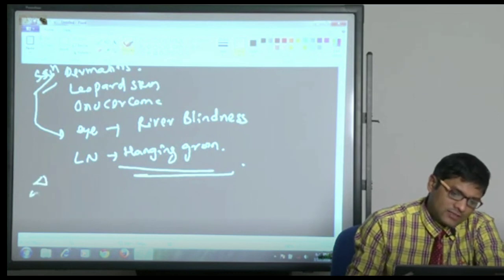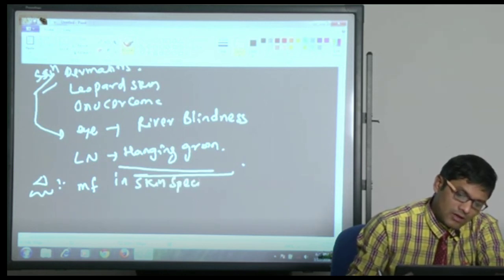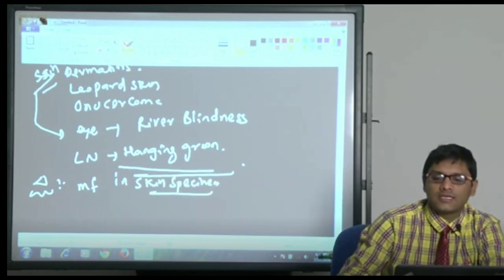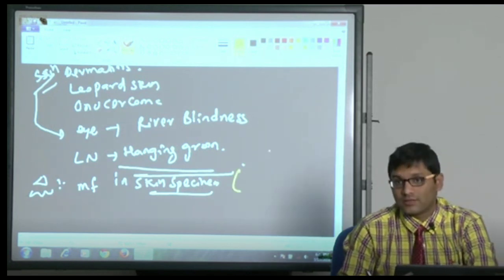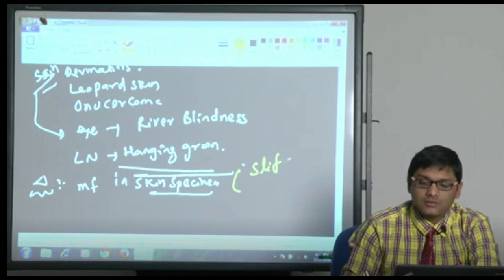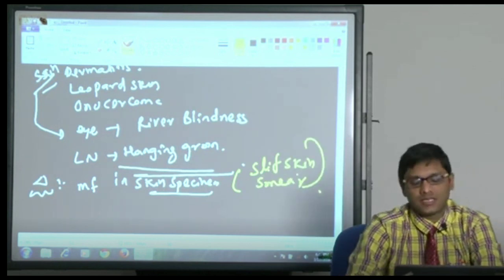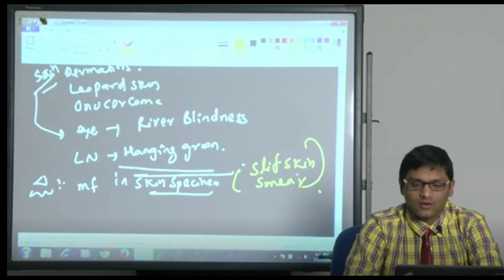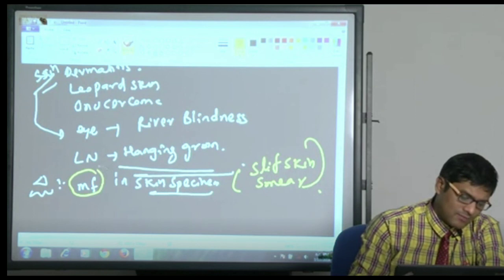Diagnosis is of course detection of microfilaria in skin specimen, and here remember the skin specimens are collected by the method we follow for leprosy, that is slit skin smear. Microfilaria can be seen.